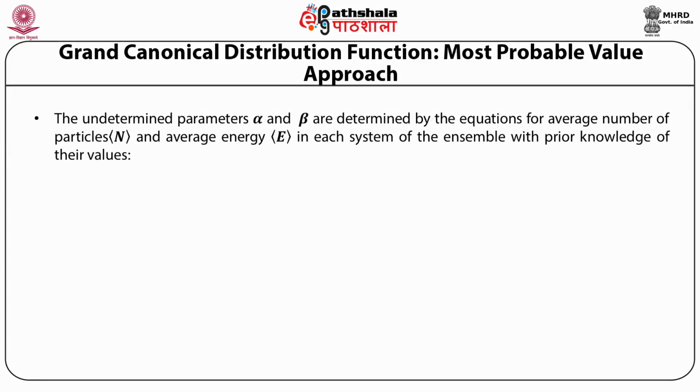The undetermined parameters alpha and beta are determined by the equations for the average number of particles N and the average energy E in each system of the ensemble, with prior knowledge of their values.